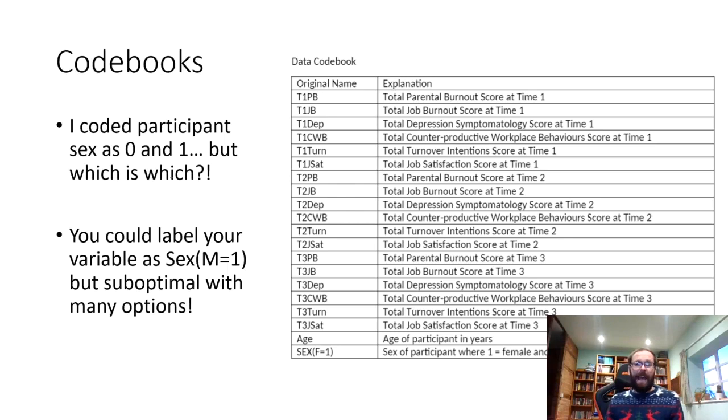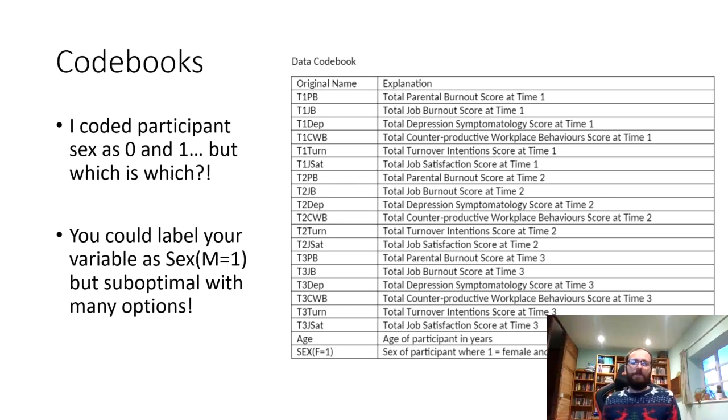Which one is it? That causes lots of questions, concerns, and inconsistencies. Now, you could label your variable as sex, M for male equals 1. But what if you have loads of different categories? That's not going to be useful because you don't want variables with names as long as whatever. So what can you do?